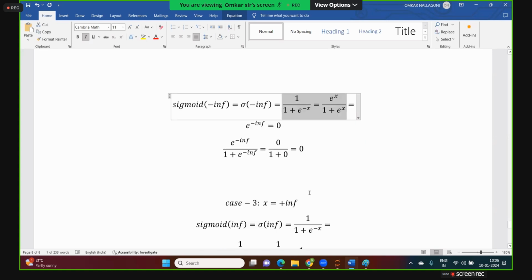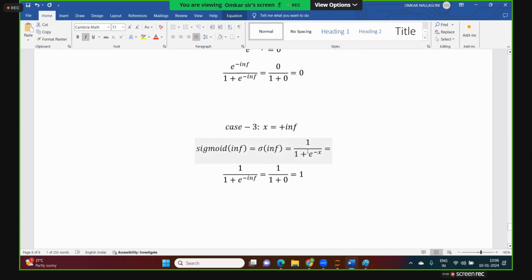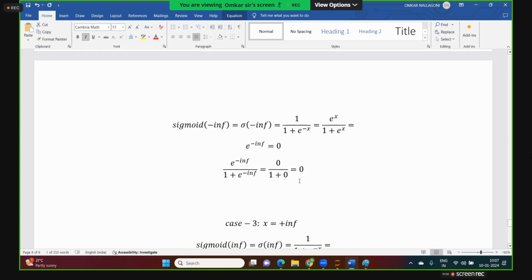Now same, come here. Plus infinity. 1 by 1 plus e power minus x. Substitute plus infinity for x, what happens? It becomes minus infinity. What will come? 1 by 1 plus e power minus infinity. e power minus infinity is how much? 0. 1 by 1 is 1. Valid. Don't reverse again.